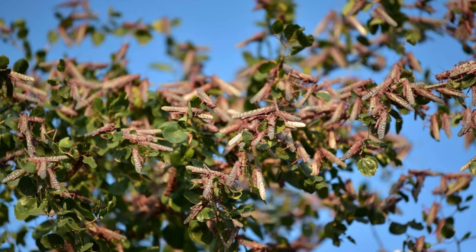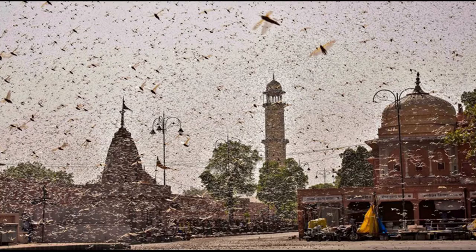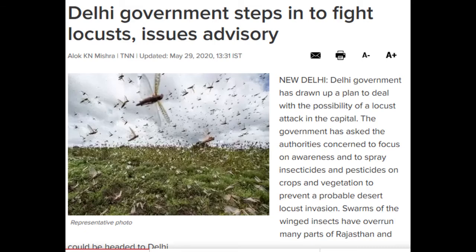But in certain conditions they become more abundant, change their behavior and habits, and become gregarious. In northern India, the locust attack is so abundant that it causes famine. That much difficulty happens if they go into a swarming phase.